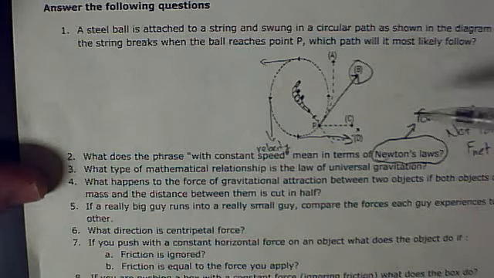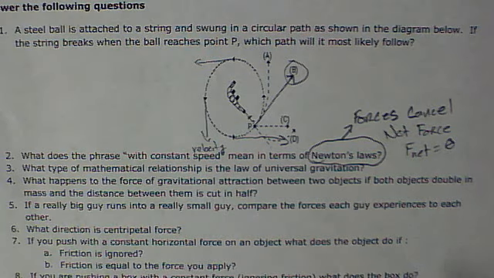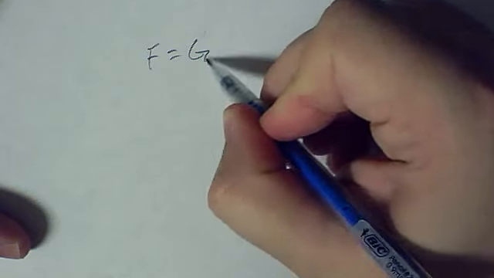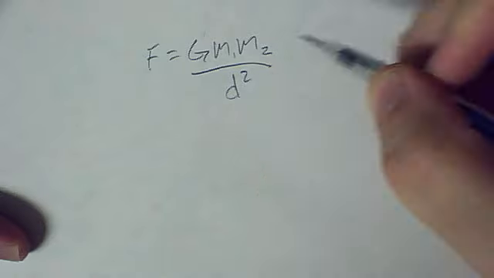Number 4. What happens to the force of gravitational attraction between two objects if both objects double in mass and the distance between them is cut in half? Alright, let's look at this equation again. The law of universal gravitation says F equals big G times M1 times M2 divided by D squared.